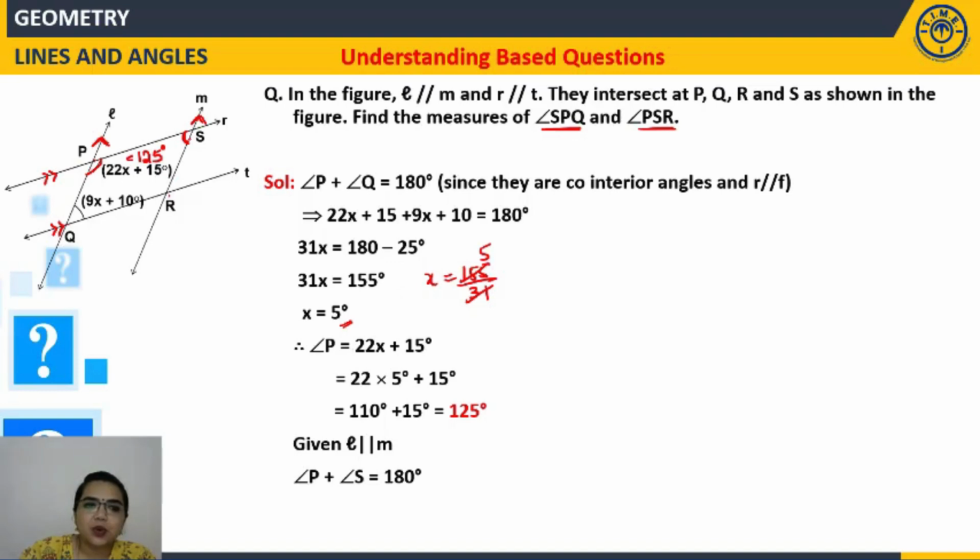So how can we find this angle S? We can find it by subtracting 125 from 180. So 180 minus 125 gives us how much? It gives us 55 degrees. Is that fine? Yes, so this angle is 55 degrees. I hope this is clear to you.